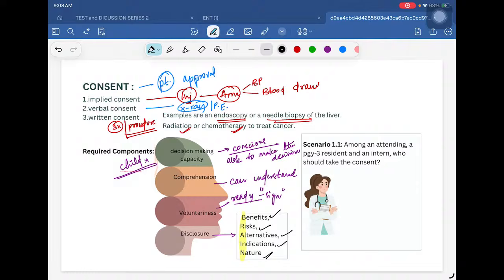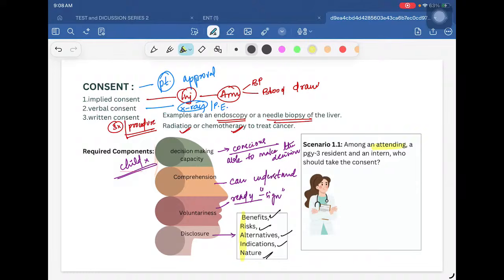You have to tell what the alternate procedure would be if the patient couldn't undergo this particular surgery. So that is about the components that you'll have to look for in a consent. Now let's see an ethical scenario.